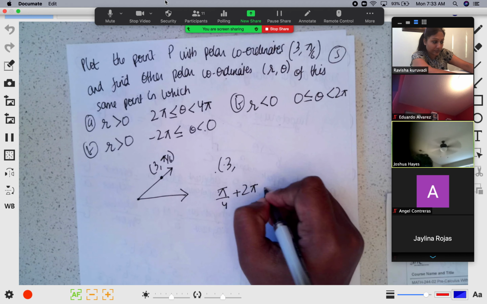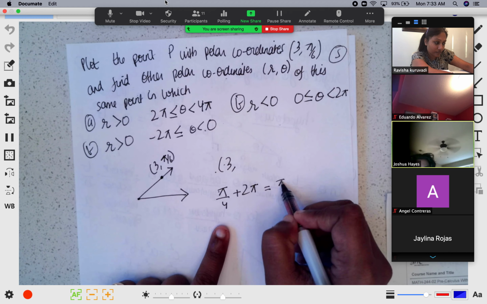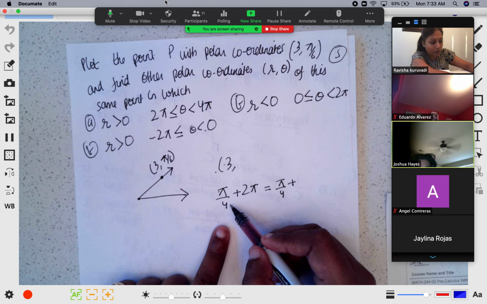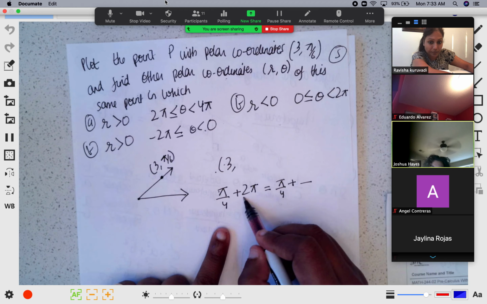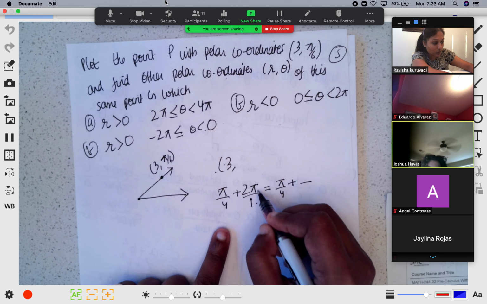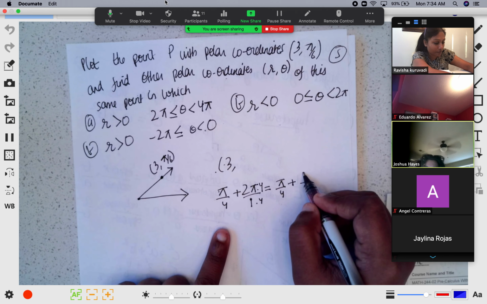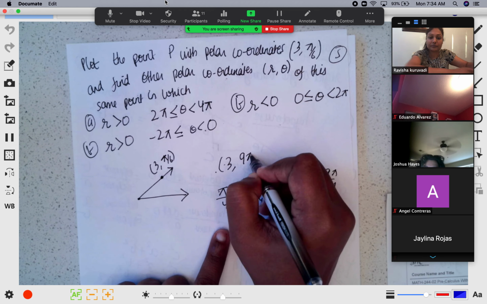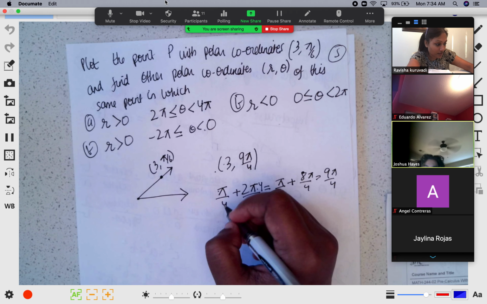What do you get? Pi over 6 plus 2 pi. Would it be 13 pi over 6? I want to make my denominator the same, right? I multiply by 6 and divide by 6. Sorry, I said pi over 4 by mistake, it's pi over 6.